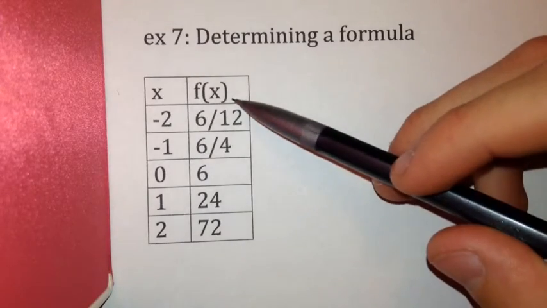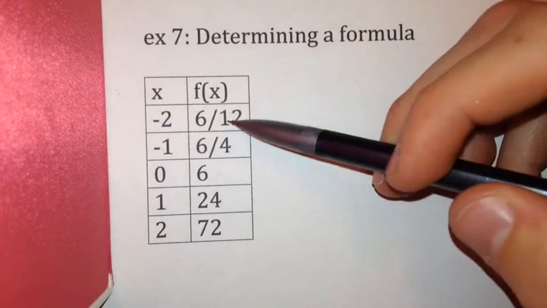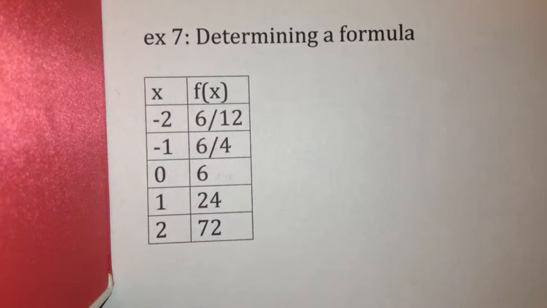And then you have these coordinates right here. So now, first thing first, you need to find the number that is common in all of these numbers right here in f of x.